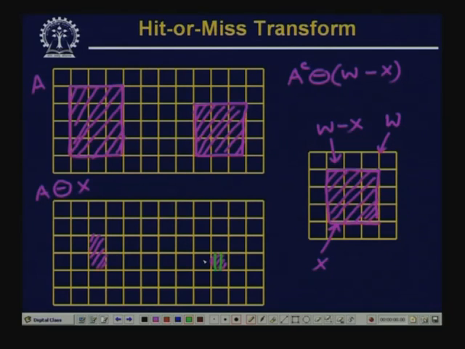Now, if I take the intersection of A eroded with X, which is one set, with A complement eroded with W minus X, then I get a single point, which is only this point.